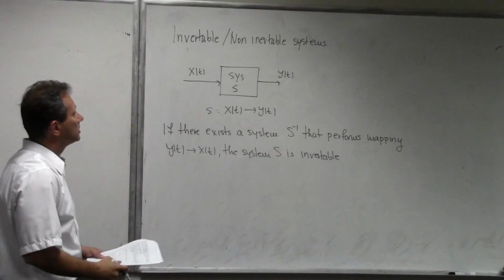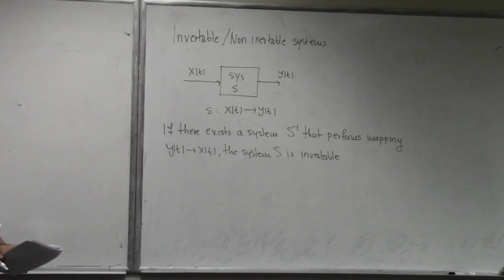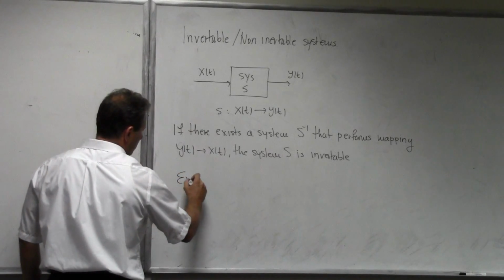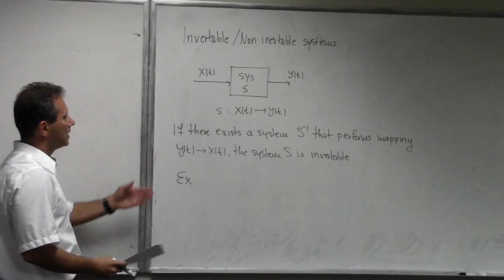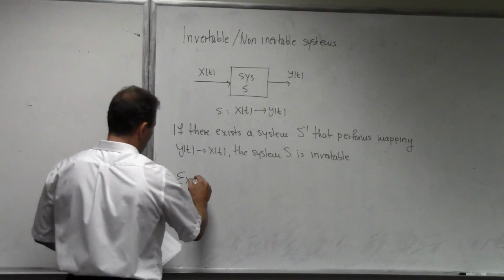Alternatively, if there is no such system, the system S is non-invertible. Now, let's look at the examples of two such systems, one of an invertible system and the other one of a non-invertible system.